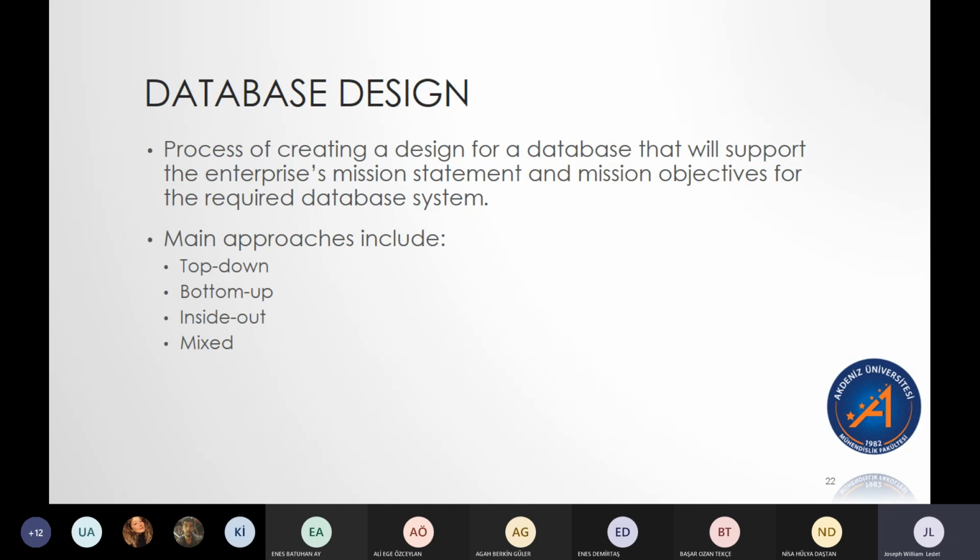We can do this multiple different ways. You can do top down, bottom up, inside out, mixed. The top down approach starts with the highest level and moves down into the subcomponents. So you would start with things like parent tables. A parent table would be a department, like a faculty at a university.